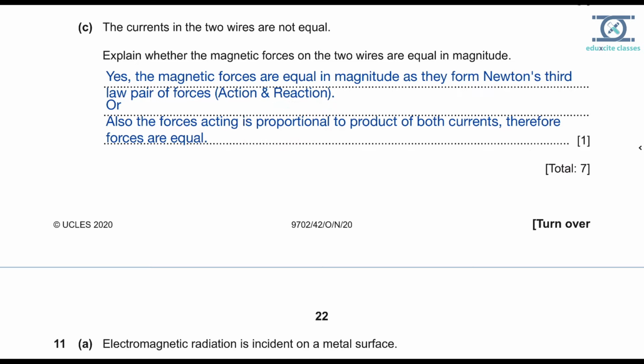When we are calculating the forces produced, there will be a product of both the currents flowing in wire A and B. So either you take 2 and 3 or 3 and 2, the product will remain the same. So that is also one of the reasons. Okay, so you can write any one of the explanations for this answer.